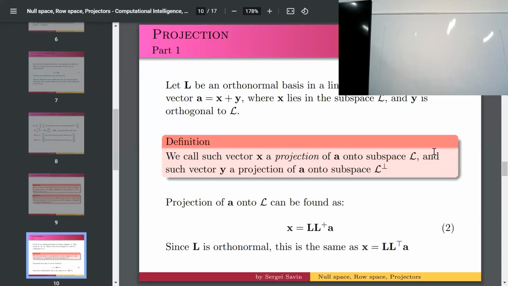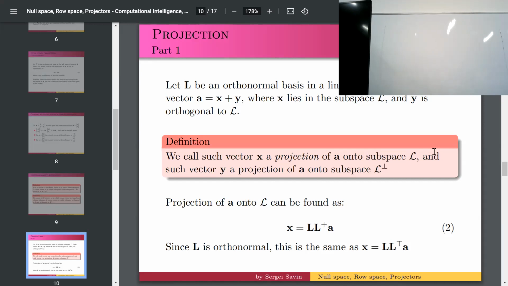We also defined projection. Projection is the projection of point X onto subspace L. Let's just put it in simple terms, right?